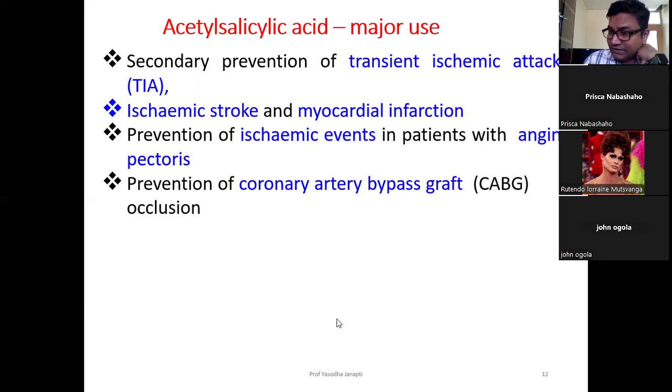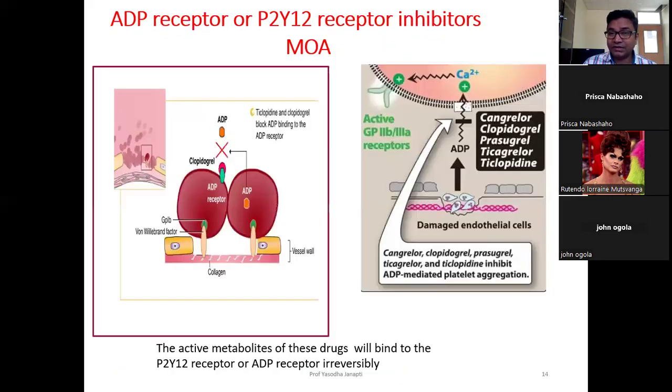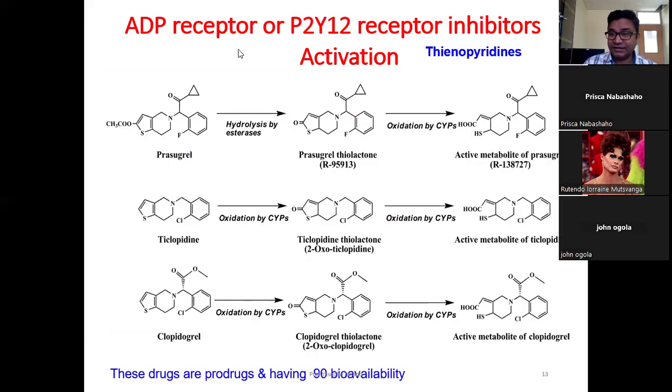The new blood vessel you created has more chance to get clotted again. It prevents that. So these are the uses of aspirin. Now these drugs, you see, thienopyridines. What are these?